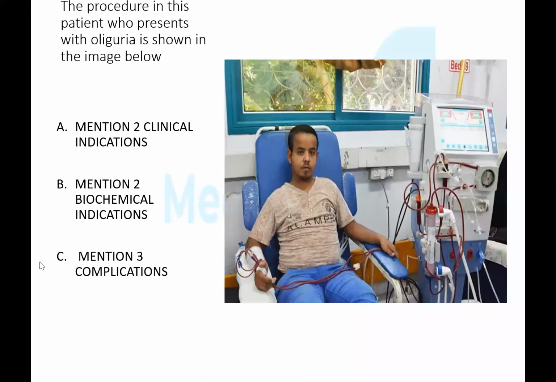Question. So who wants to attempt this question? Okay, the clinical indications for dialysis. So two clinical indications.